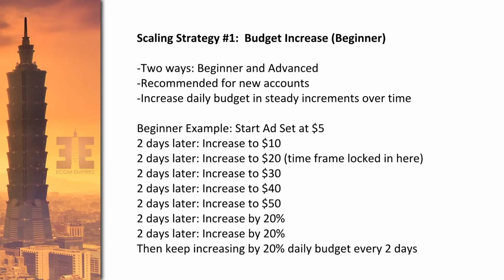This is a longer, more gradual process, but it's less risk, and it's good for beginners to get familiar with Facebook ads. And you would just keep scaling until you found your sweet spot. Your sweet spot is going to be when, you're going to notice with your cost per purchase as you start to scale, is it staying the same? Is it starting to get more expensive? Red light, green light, yellow light, right?